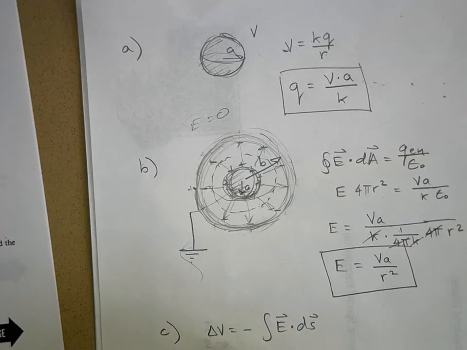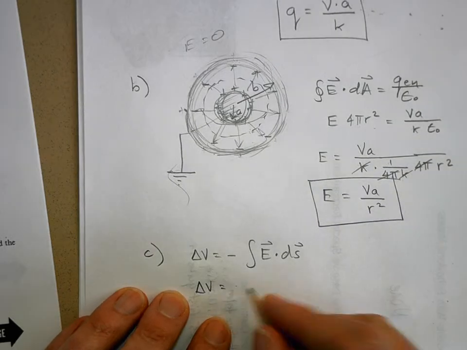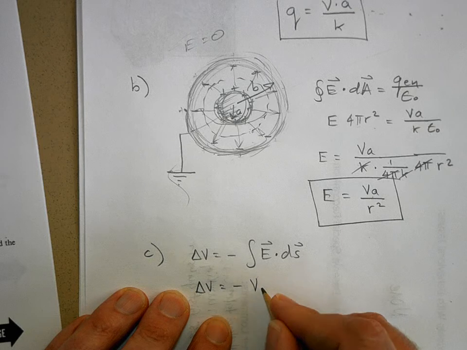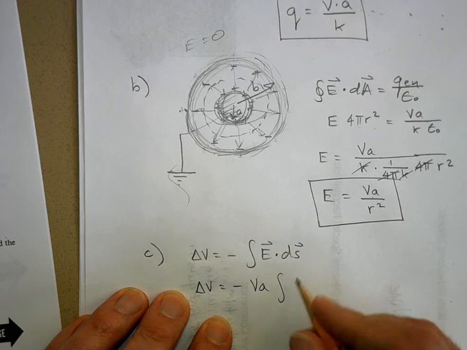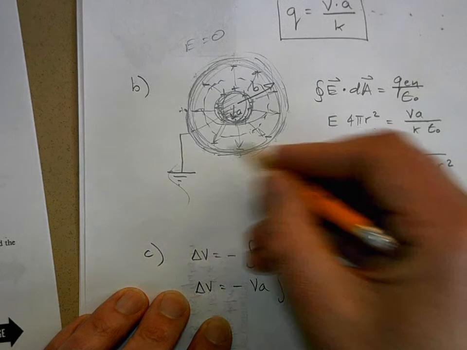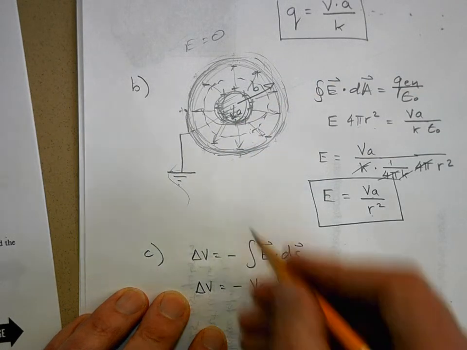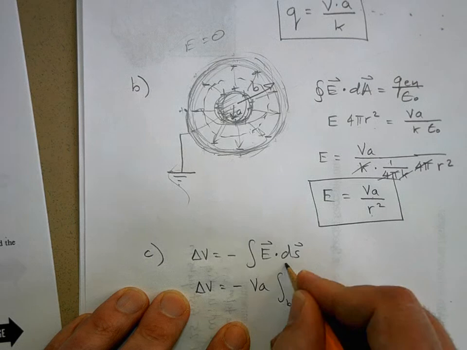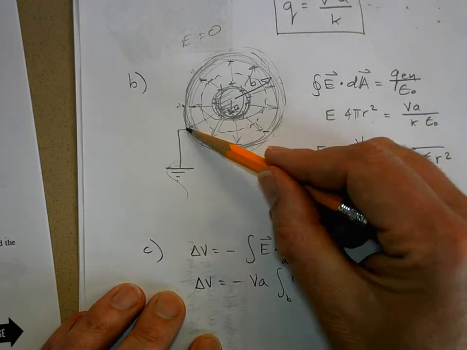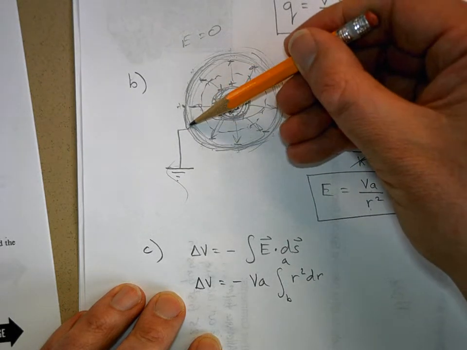So delta V is equal to negative, well, you got VA over r squared. So VA comes out, the integral of r squared. Now ds is just going to be dr, and we're going to go from B to A. We're going to go from here to here. We're going to figure out how much potential we've got starting here and going in there.